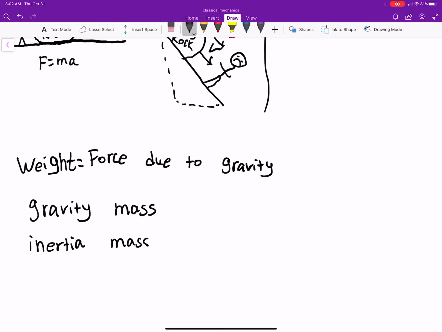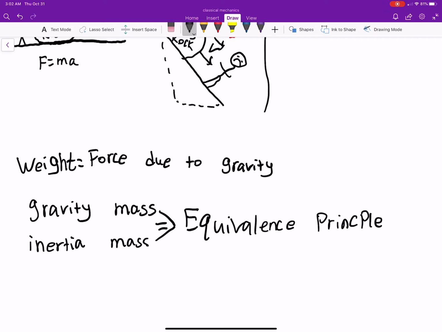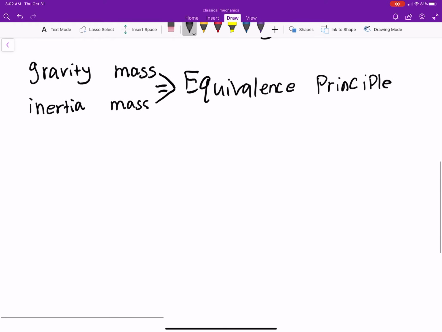Well, it turns out these two things are equal by the equivalency principle, at least equal in the sense of measurement. Equivalency principle. And we'll talk more about this in future videos. I just want a little introduction.